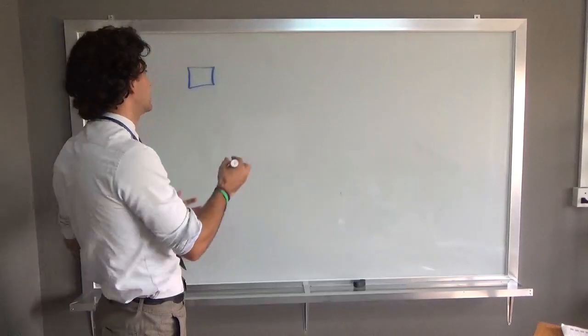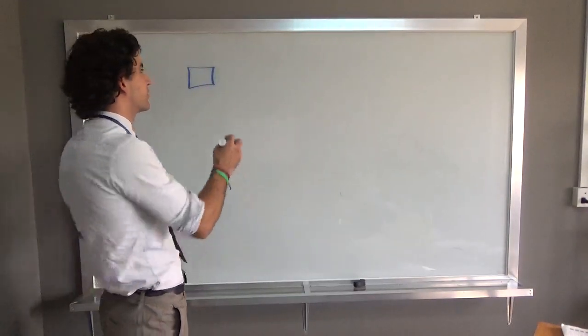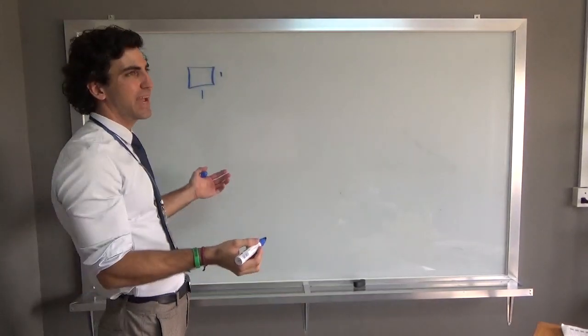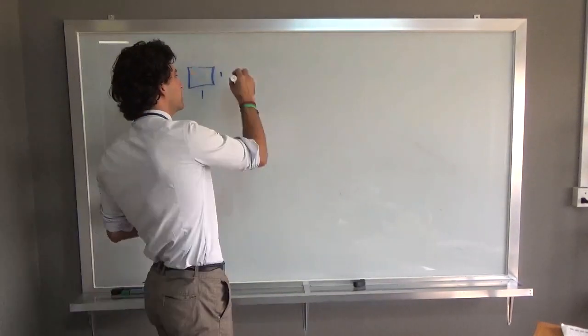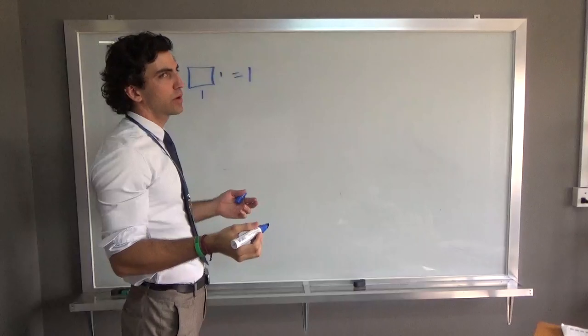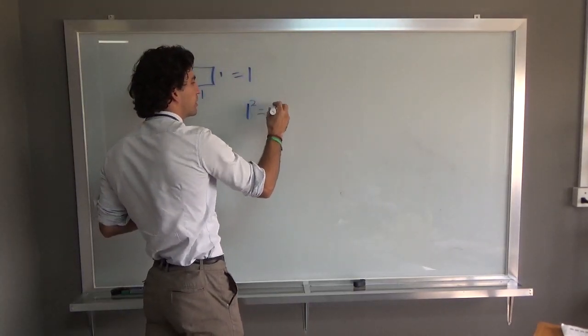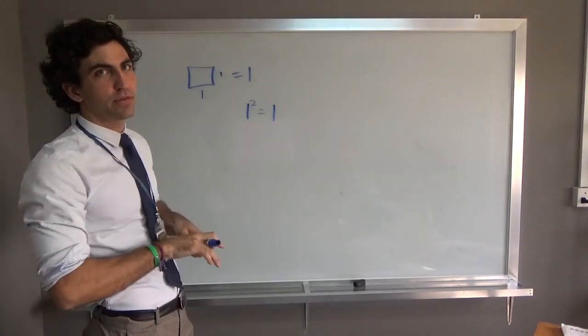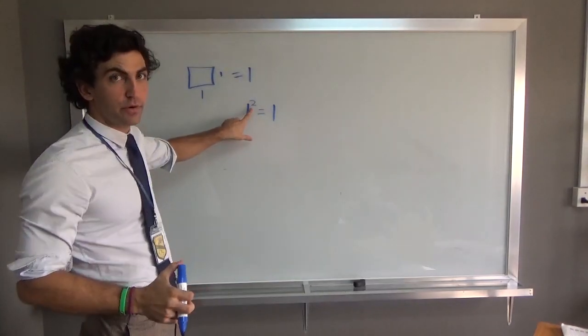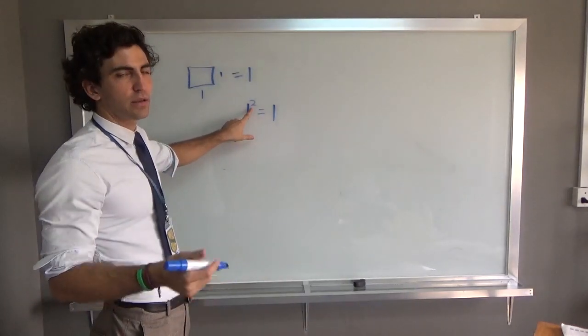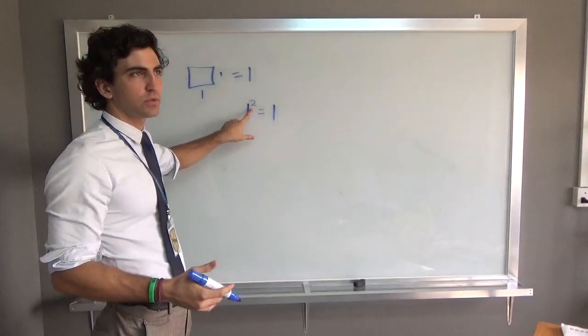So let's just give an example of 1. If each side length is 1, the area will be 1, right? So another way to say that is 1 with that 2 above it. That 2 above it is to the power of 2. We will say squared for anything that's the power of 2.